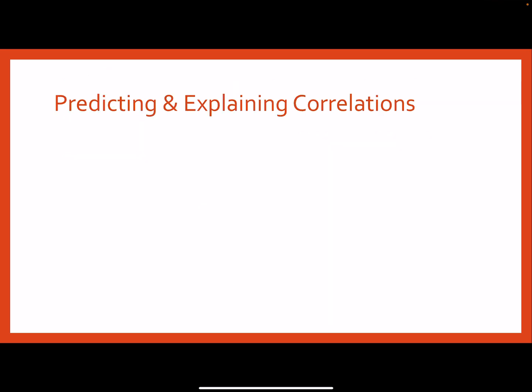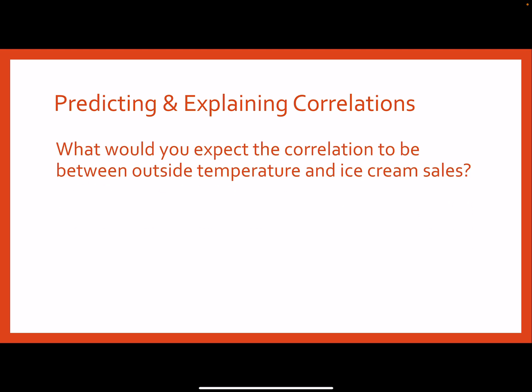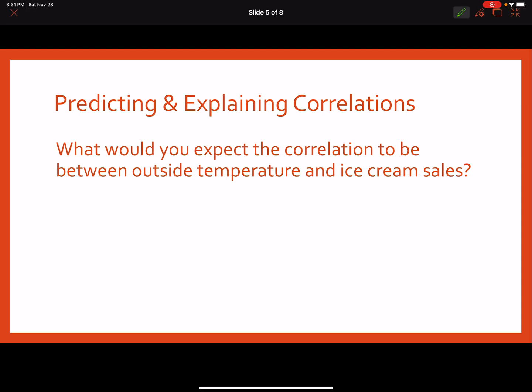Predicting and explaining correlations. What would you expect the correlation to be between outside temperature and ice cream sales? So let's think about these two variables here, outside temp and ice cream sales. Now you can ask yourself which one depends on the other or if there's a relationship between the two.